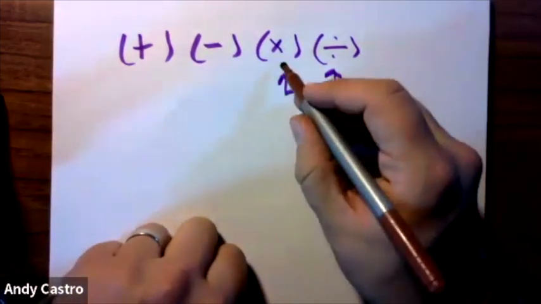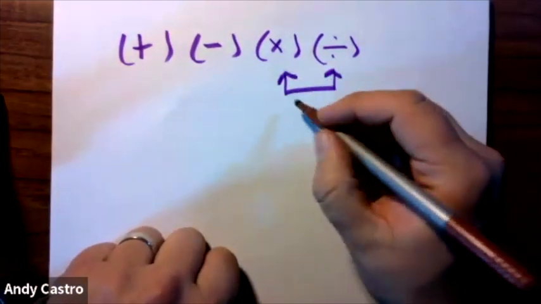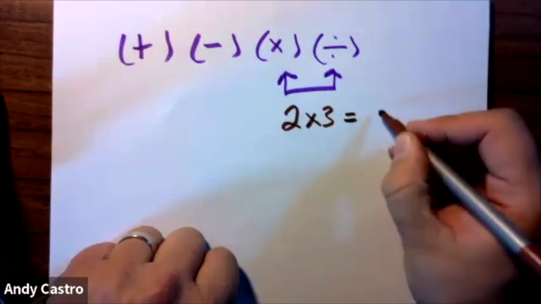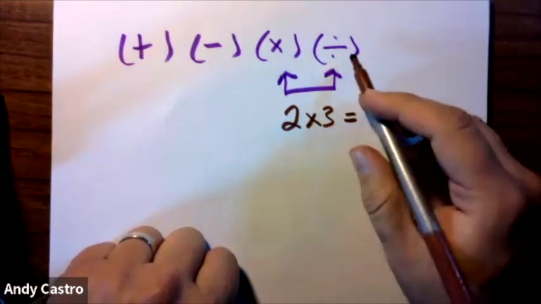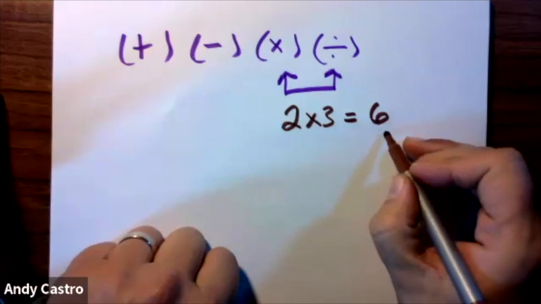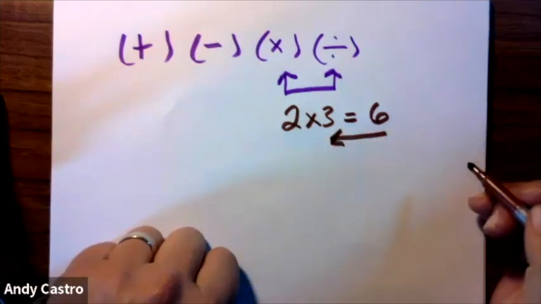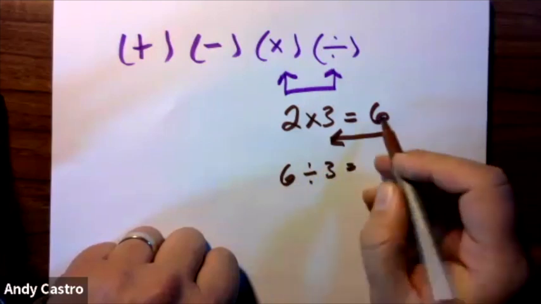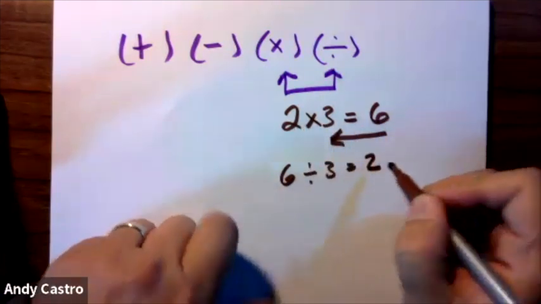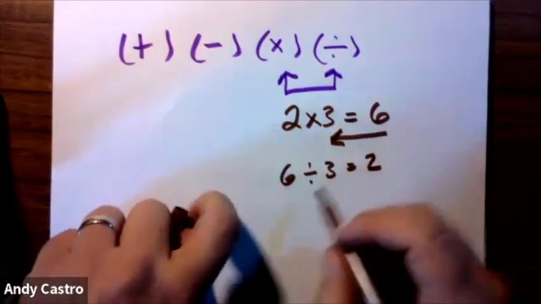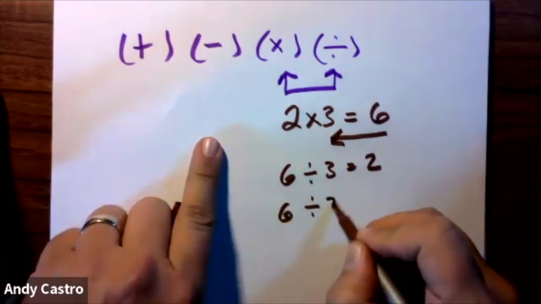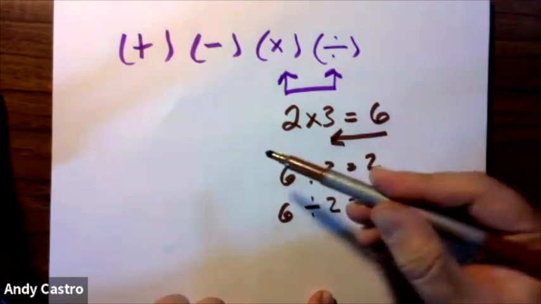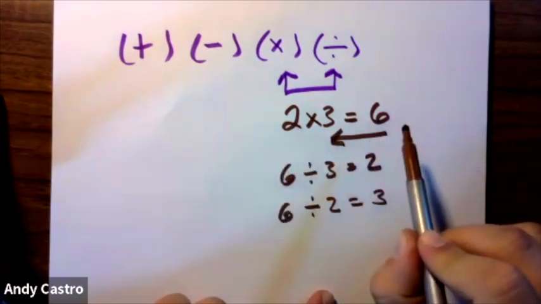If we look at a simple multiplication problem, 2 times 3 is 6, the inverse operation goes the other way. So 6 divided by 3 is 2. You could also look at it as 6 divided by 2 is 3.